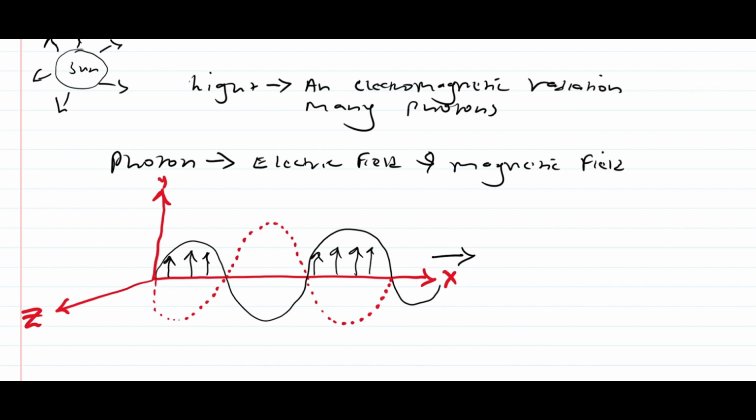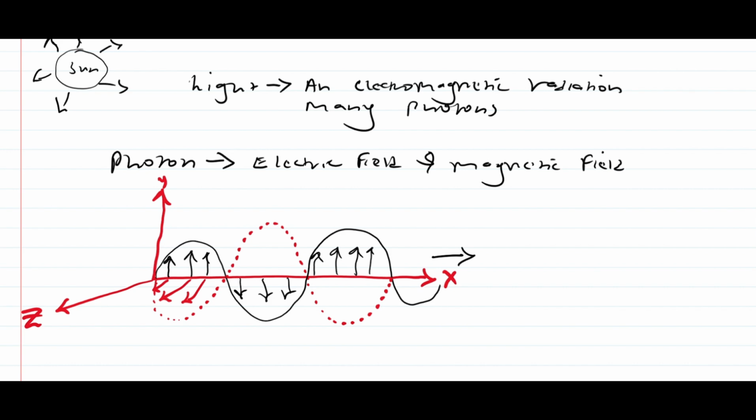So the magnetic field is supposed to be perpendicular. Now if those are my magnetic field, the electric fields must be perpendicular to that. So I'll have them moving towards that direction along the Z. These ones were moving like this. I'm assuming they're perpendicular.